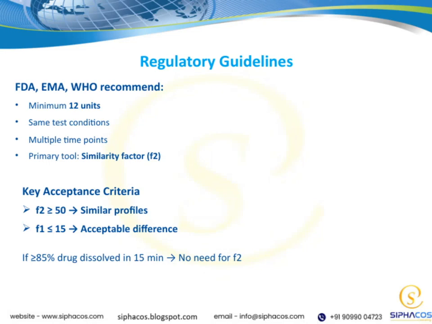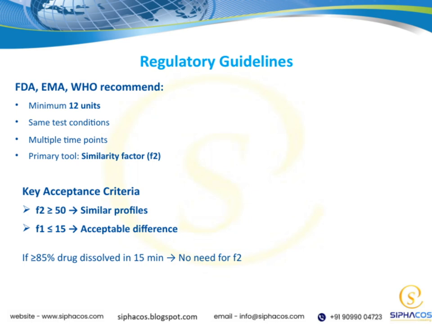Let's take a look at the key acceptance criteria for similarity assessment. First, if the F2 value is 50 or greater, we consider the profiles to be similar. This means the test results are quite close in their dissolution profiles. Next, if the F1 value is 15 or less, that indicates an acceptable difference between the profiles.